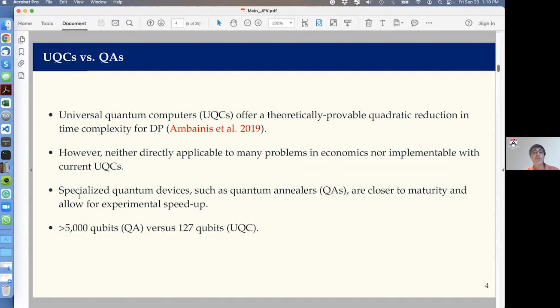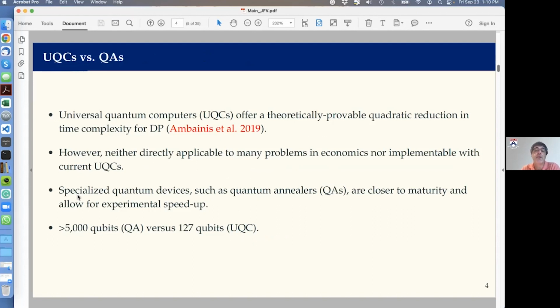So the reason Isaiah and I got interested in this thing is because we became aware that universal quantum computers offer a theoretically provable quadratic reduction in the time complexity for dynamic programming, which means that at least in principle, we can really achieve incredible speed ups in the type of things that we can do, and then tackle all the type of problems I was mentioning before.